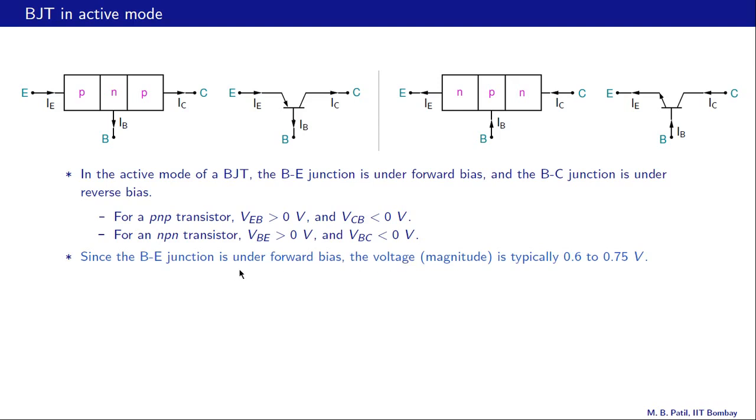Since the base emitter junction is under forward bias, the voltage is typically in this range, 0.6 to 0.75 volts. So what it means is this difference, VE minus VB, for the PNP transistor is in that range, and for the NPN transistor, VB minus VE is in that range when the transistor is conducting.